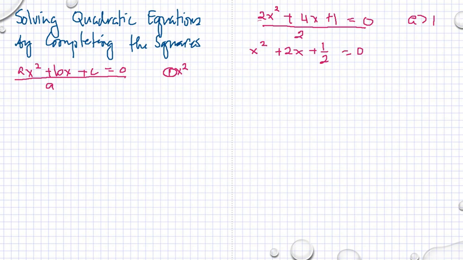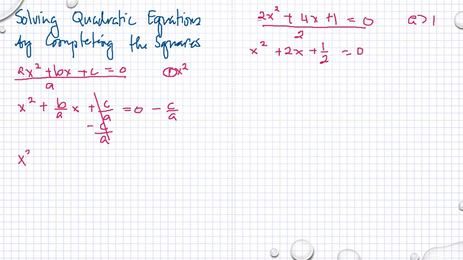Okay? Then I have here x squared plus b divided by a x plus c divided by a is equal to 0. Okay? The next thing is that I don't need the constants c divided by a. So I need to transfer them to the right hand side of the equation. So I need to subtract c divided by a, so that this will be 0.